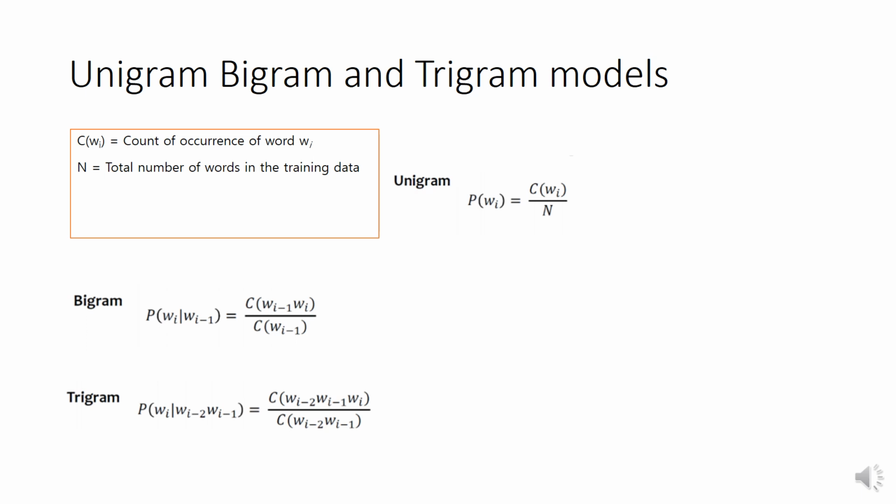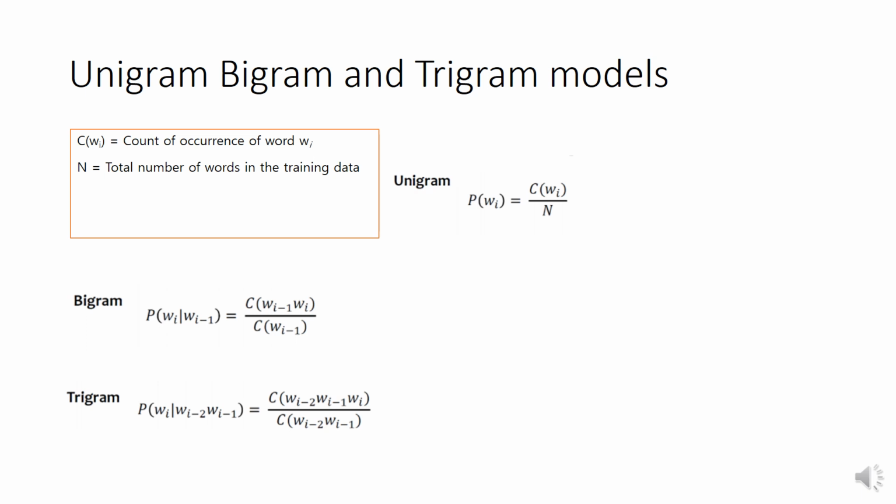The unigram model is the simplest type of language model. This model does not look at any conditioning context, so it evaluates each word or term independently.